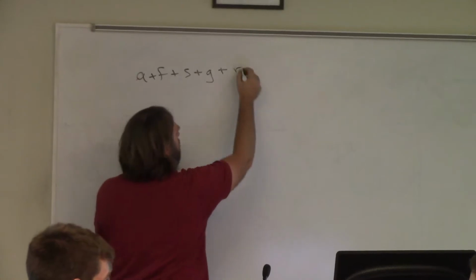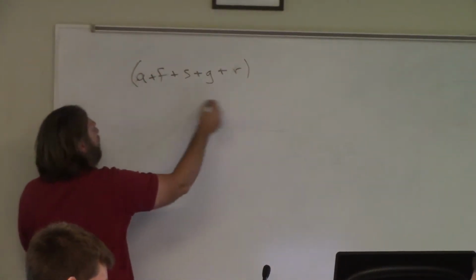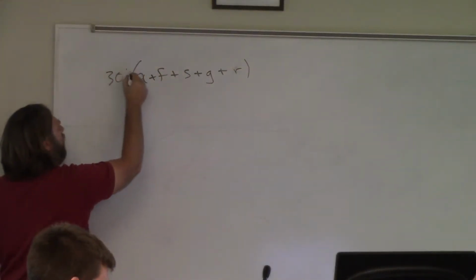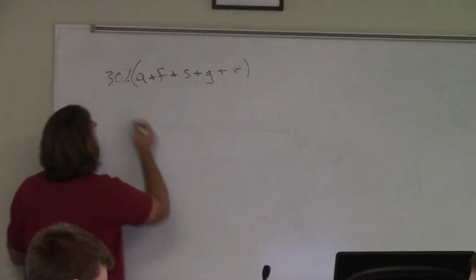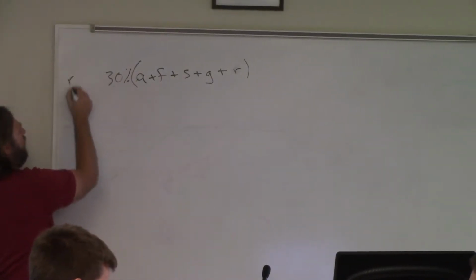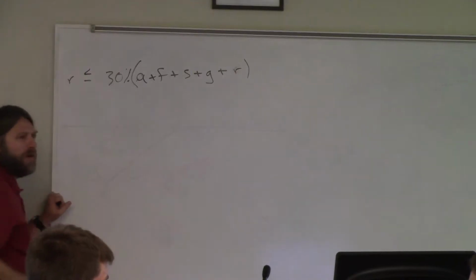That's going to be our sum, and if we take 30% of that, the risk-free has to be less than or equal to that, right?